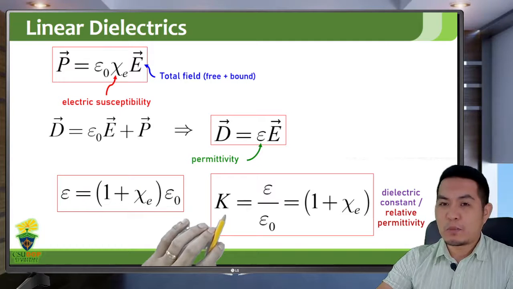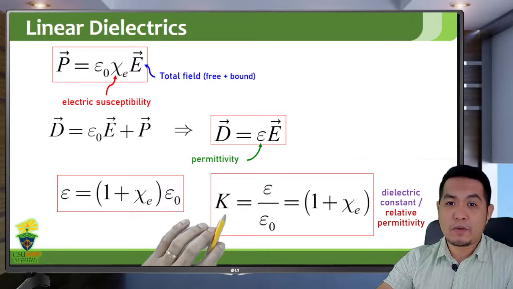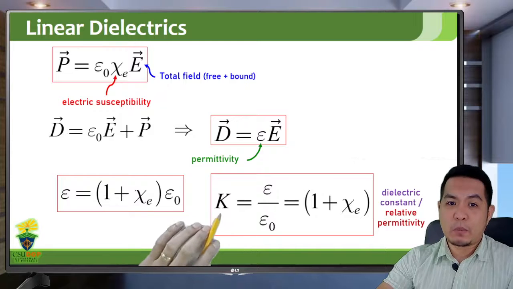The book uses a different notation for relative permittivity, but we will use the notation capital K, because we have been using this notation starting with your university physics or physics 41.